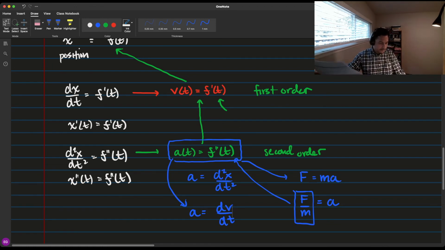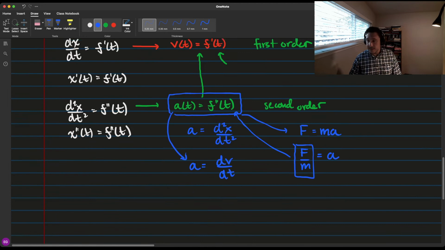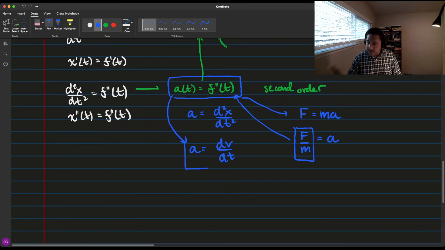So we can solve this. Let's start off with this one right here. We can turn the second order differential equation into a first order differential equation. You can then multiply both sides by dt, so you get a dt equals dv.